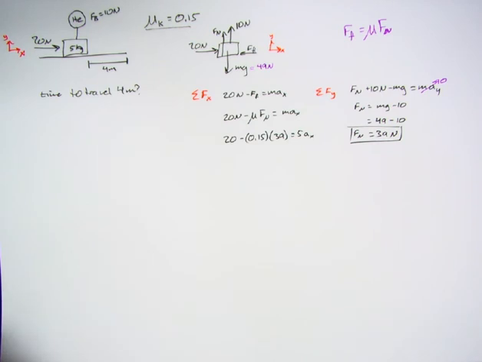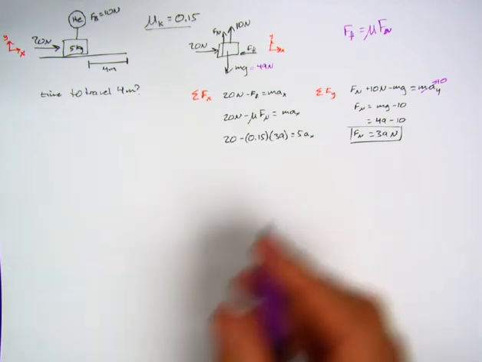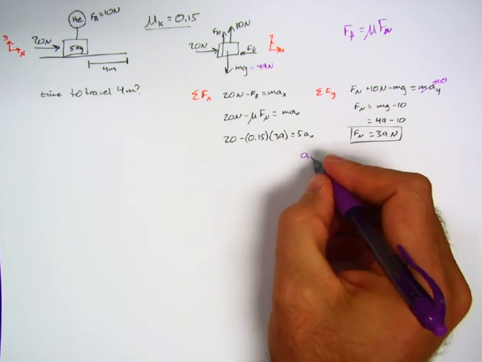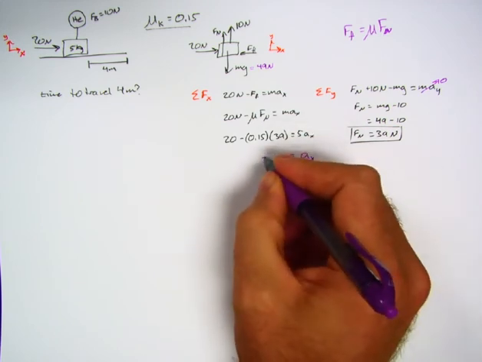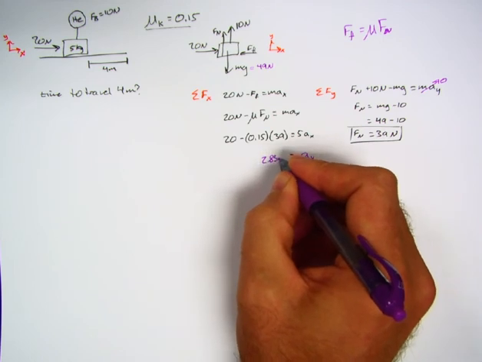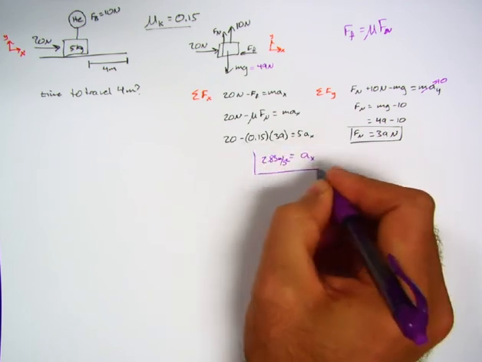So this just turns out to be a number. We plug all that into our calculator, and we get 20 minus 0.15 times 39, and then divide that by 5, and we get an acceleration in the x direction of 2.83 meters per second squared.